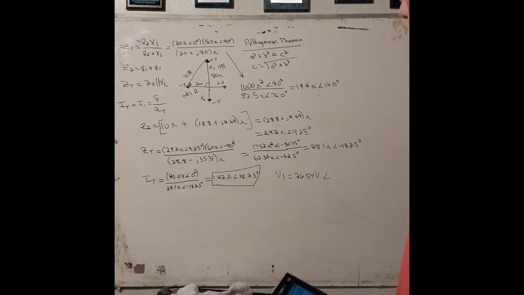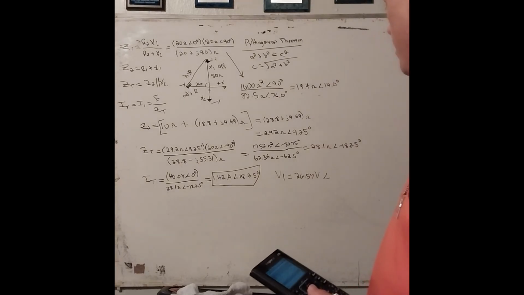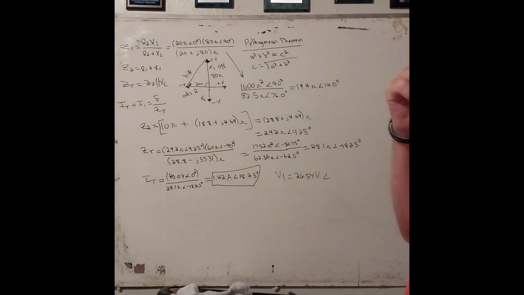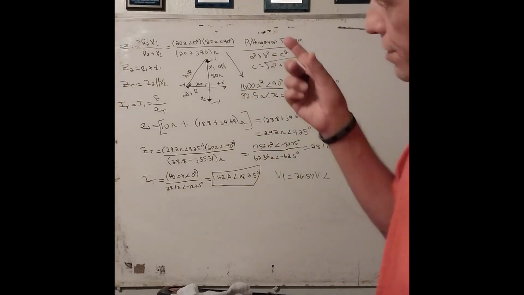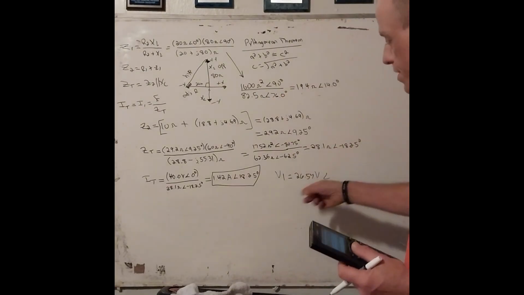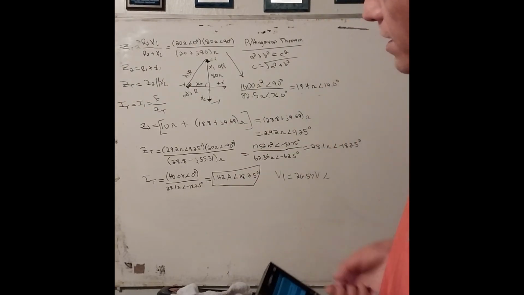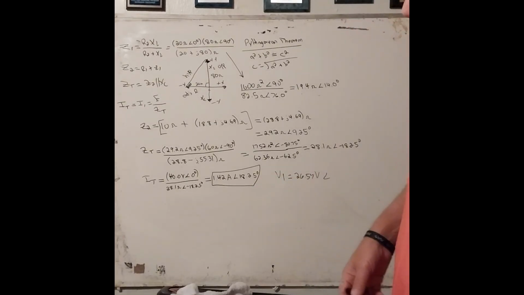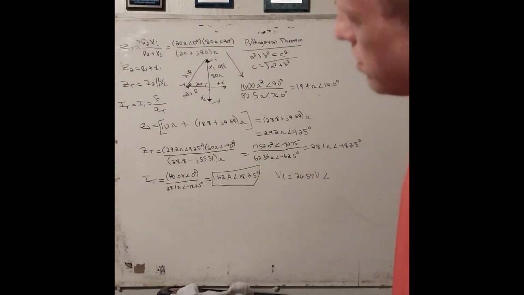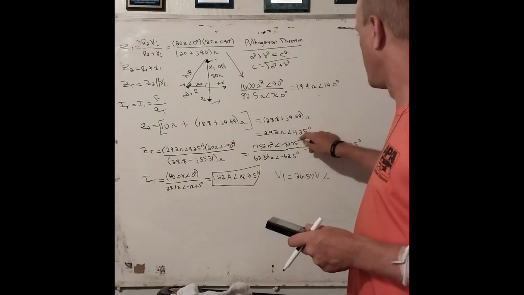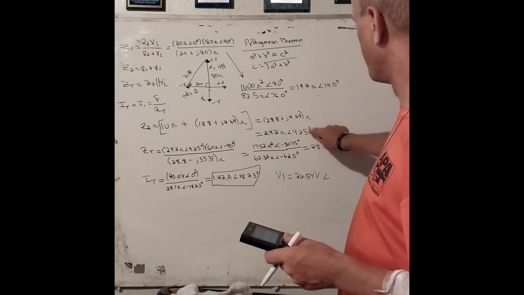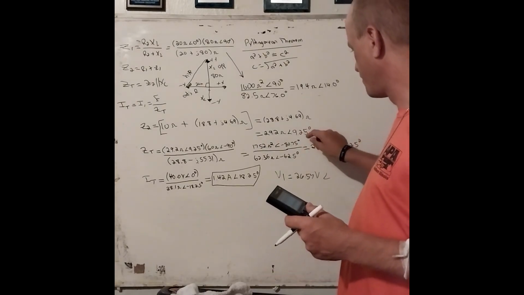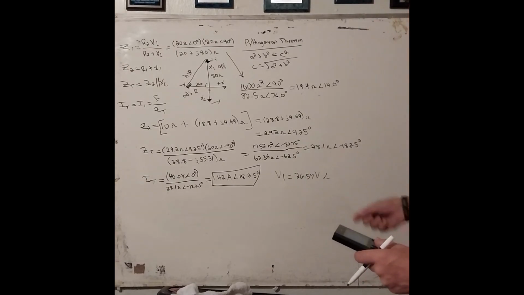Let's see, we have to make sure the phase angle is right on this. So we took 40 and we divided that by Z sub 2. Z sub 2 has an angle of 9.27 degrees. So 0 minus 9.27 is negative 9.25.